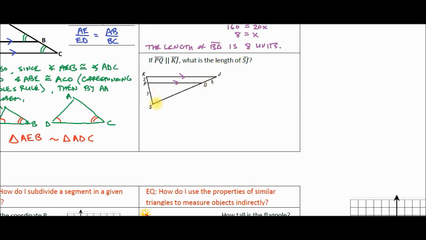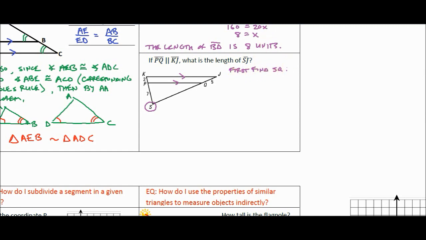SJ is the whole side. We have to figure out what SQ is. Let's circle the vertex that is not part of our parallel lines, and let's write our proportion. So we're going to find SQ. So I'm going to put on here first, find SQ.